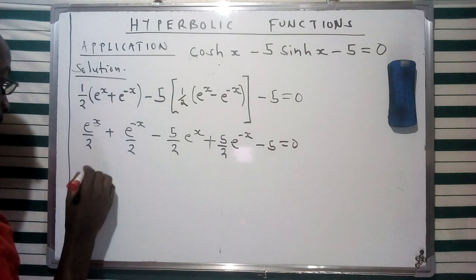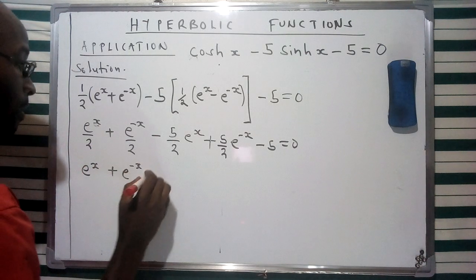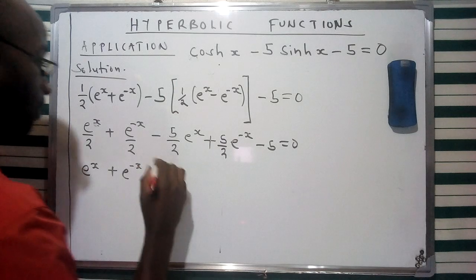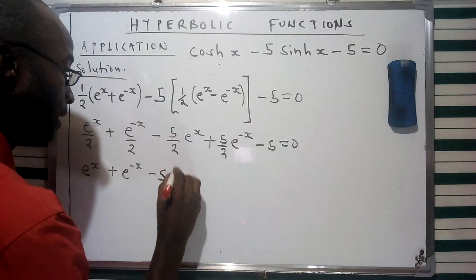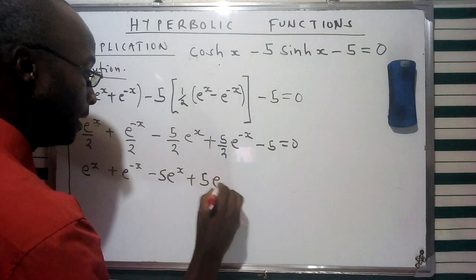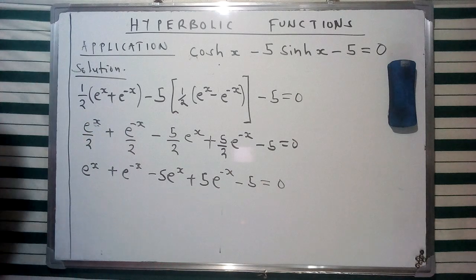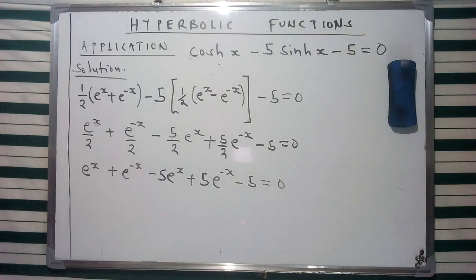So this is going to give us e^x plus e^(-x) minus 5e^x plus 5e^(-x) minus 5 is equivalent to 0. Then we can put like terms together.